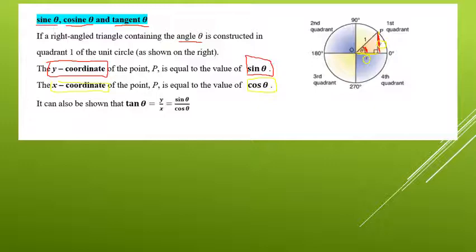So that's the definition. Cosine and sine are actually lengths. The lengths of lines in this special triangle formed inside the unit circle. The unit circle means the radius is 1, which means the hypotenuse is 1.